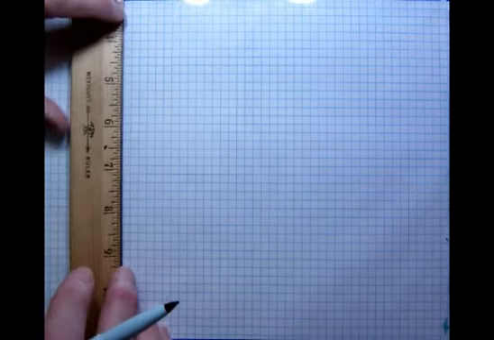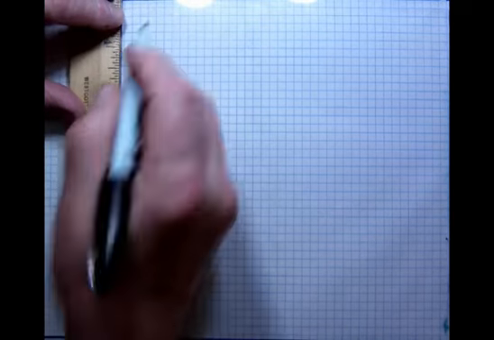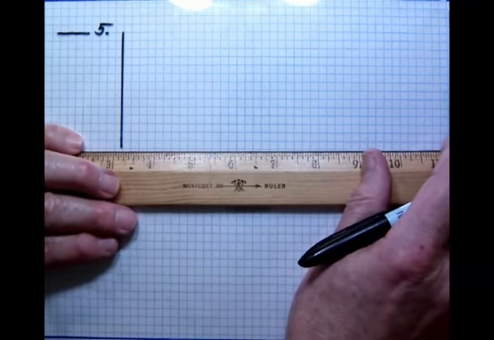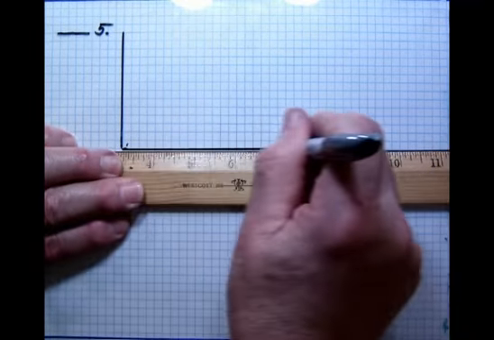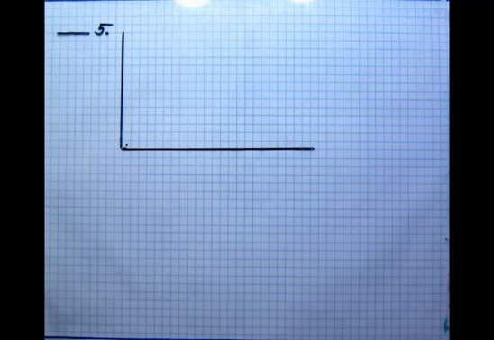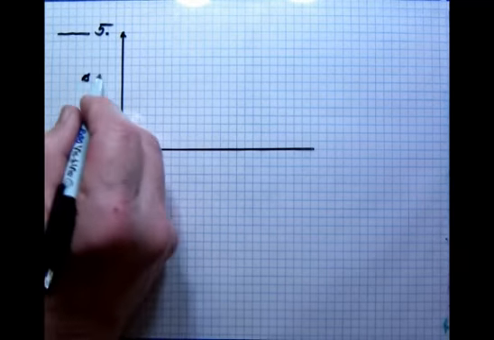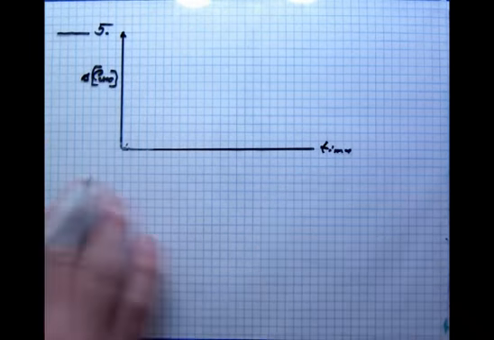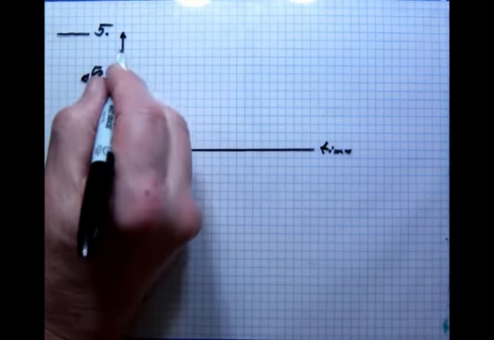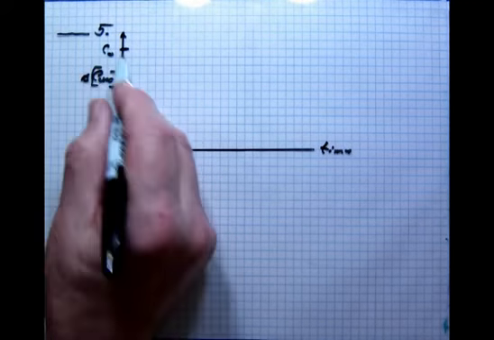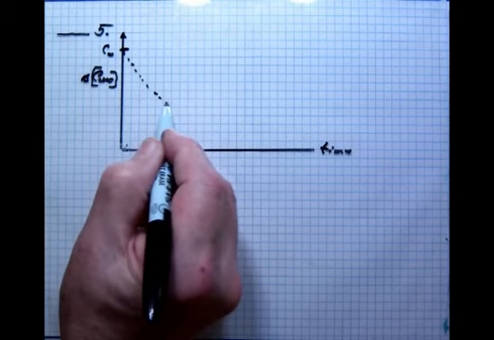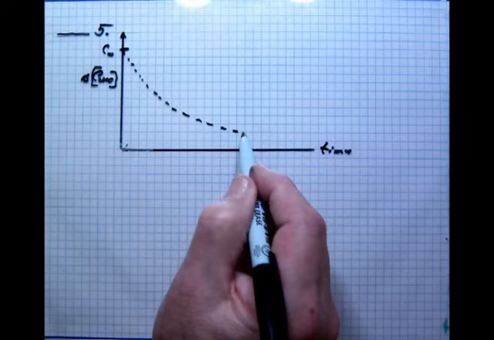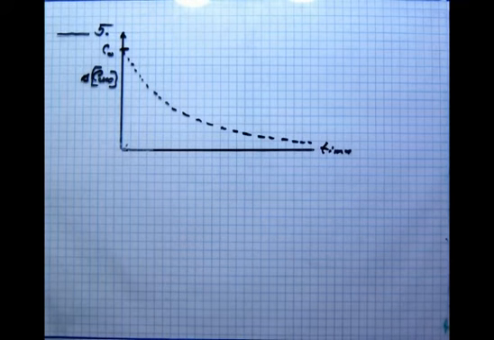First order decay graph again. Okay, so there is a first order trend.